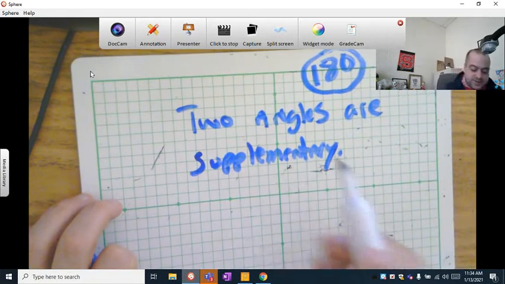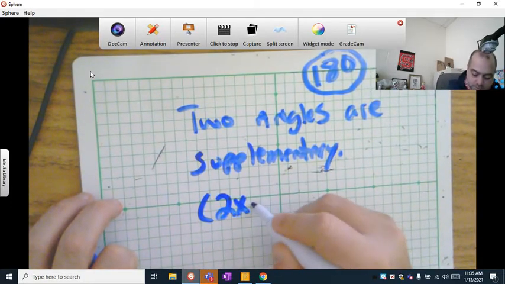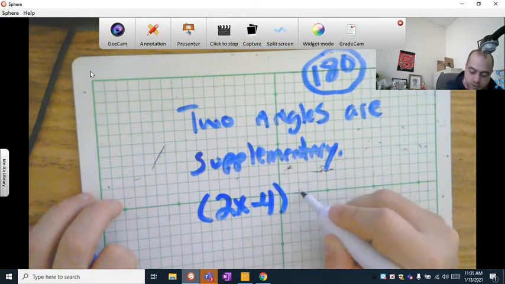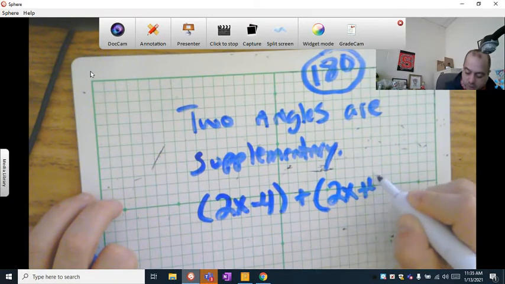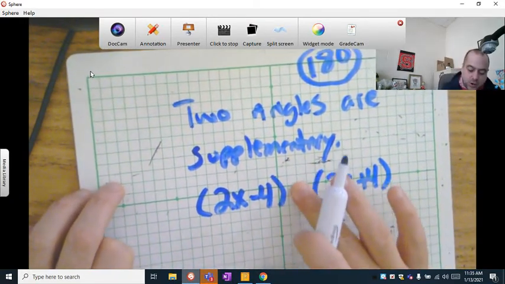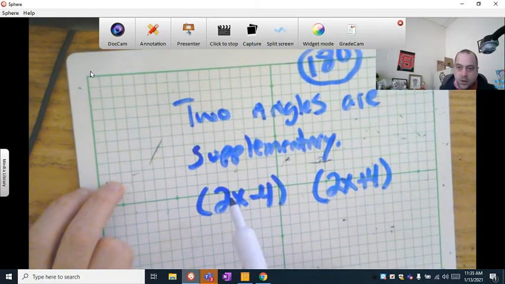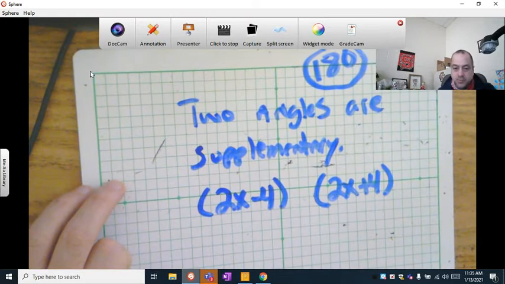Let's try this. I shouldn't have written it like that. The first angle is 2x minus 4. The second angle is 2x plus 4.